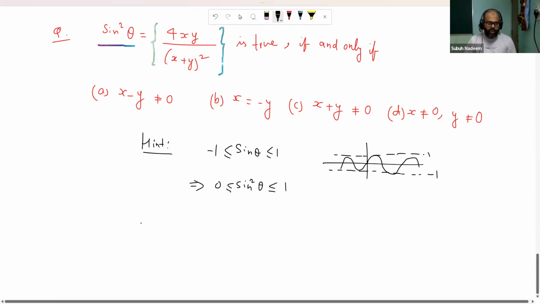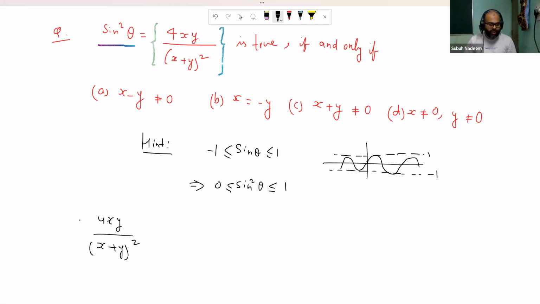So what it means here is that 4xy by x plus y whole square, which is sine square theta, is between 0 and 1. Therefore, this is what it means. Now you need to solve this.